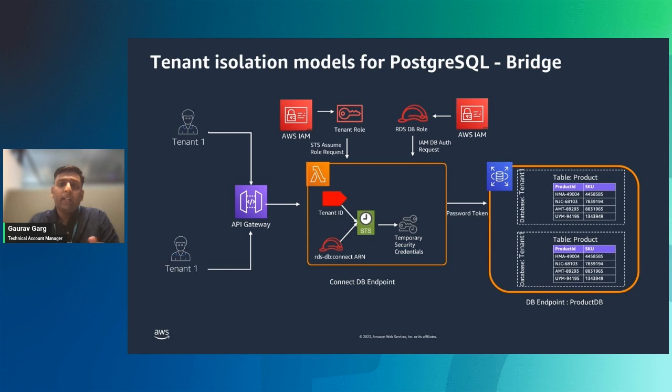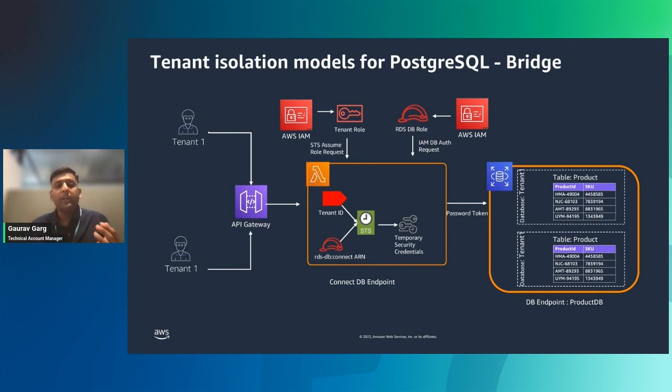And now, looking at the bridge mode. This represents a combination of the silo and pool models. Here, not all, but some of the layers at the infrastructure level are shared, while others are dedicated to each tenant. So there are advantages of using silo and pool, and this is a happy middle path, which has its own advantages as well.